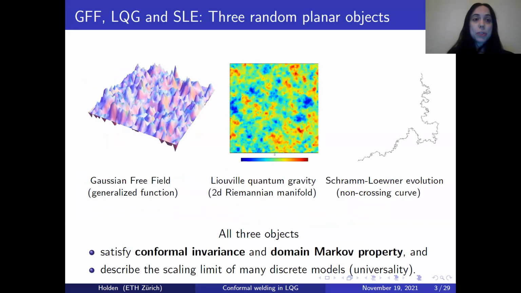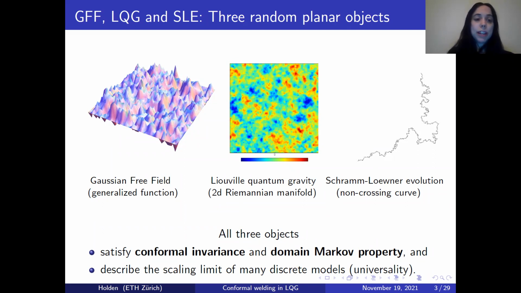So I will start by introducing the Gaussian free field, Liouville quantum gravity, and SLE, which are three very important objects that we will be encountering later in the talk. These three objects have several properties in common. All three objects are random, and they can in some sense be viewed as planar or two-dimensional.